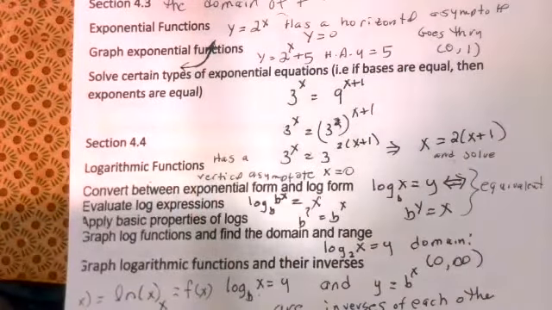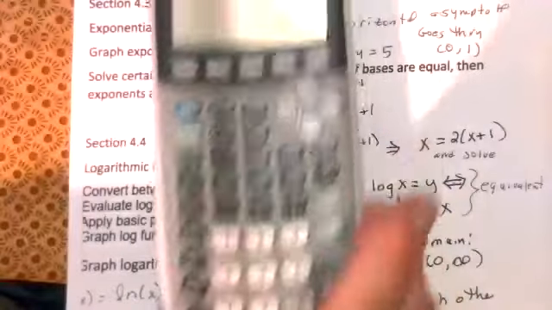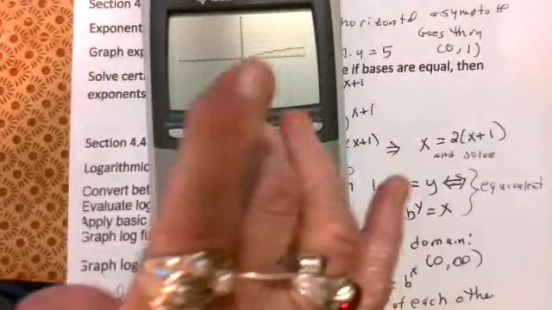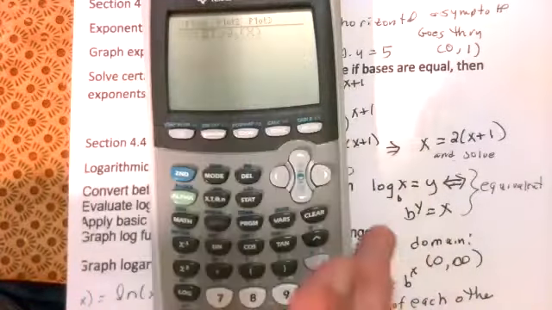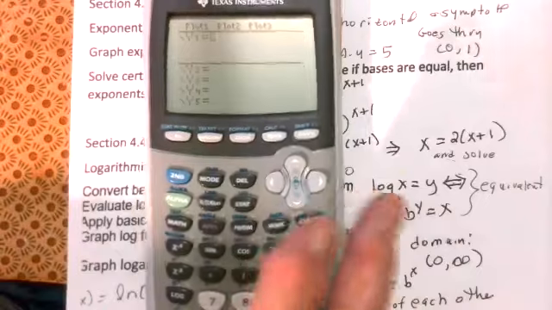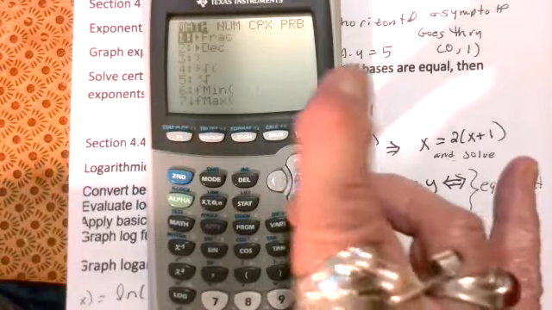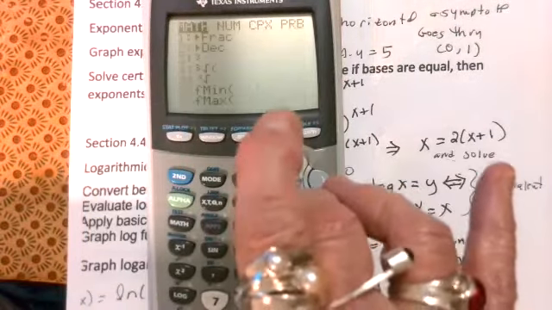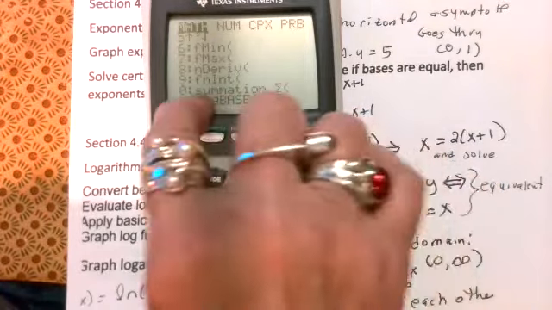I'll just say it: how do you graph logarithms again? How do you graph a log function? Do you have one of the calculators? Some of the old calculators won't work this way. When you go to your y equals screen, and then your math button, and then scroll down, do you see a thing like that?